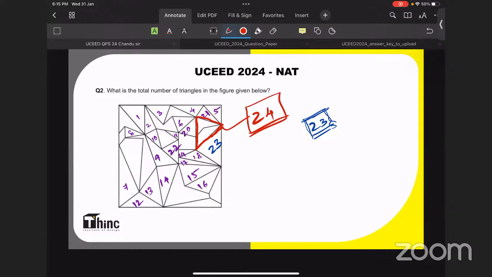If everything is complex, then it is not a matter, but one figure or one triangle going complex is an issue. So 24 was the answer for this question. I think it's clear. Second question, the answer was 24.